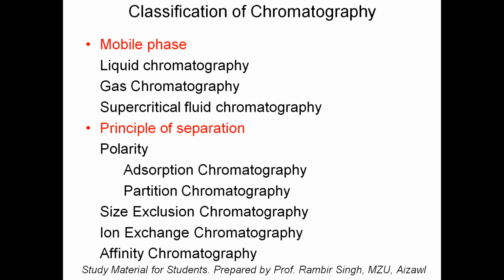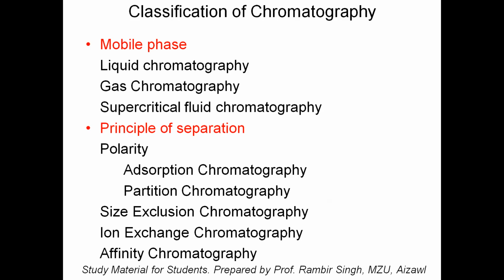So the stationary phase should not be polar. One change is that it should be inert, because our idea was that we do not want the polarity concept in separation. We want the size concept in separation.